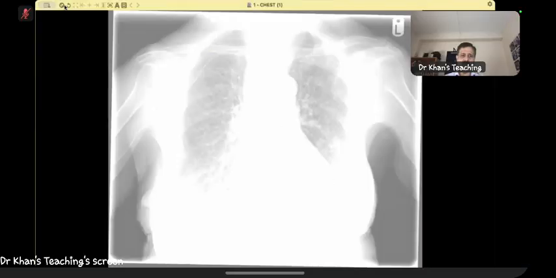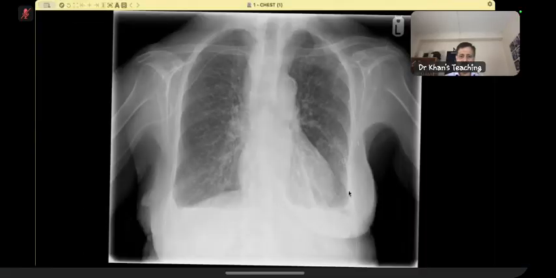In this case, you can see effusions here. And again, the same finding, but now it is more blatant. This is, I think, a few days or a week after that X-ray. Here you can see it again. You can see this lucency here. This is the trachea. You can see this lucency.